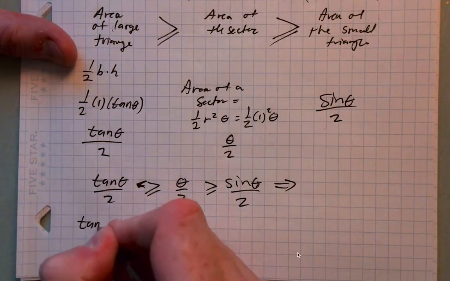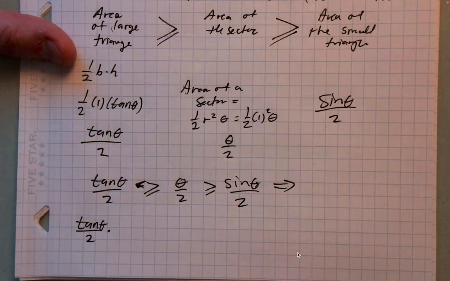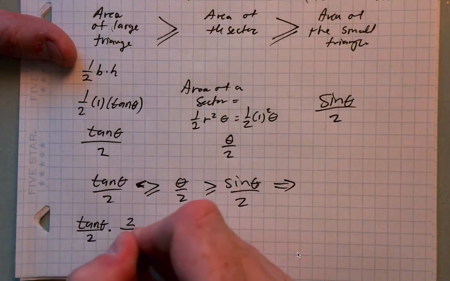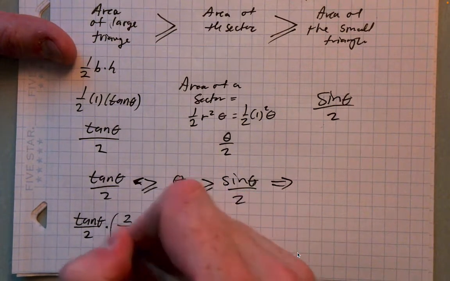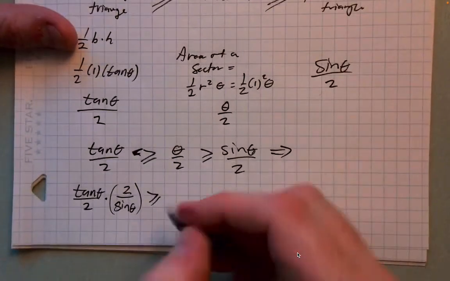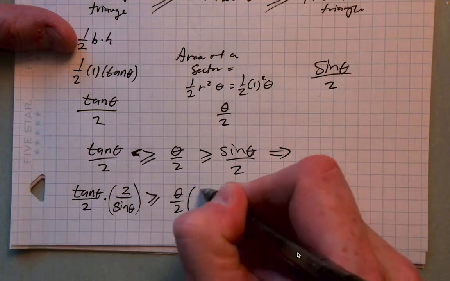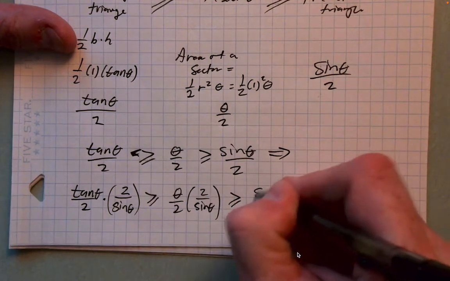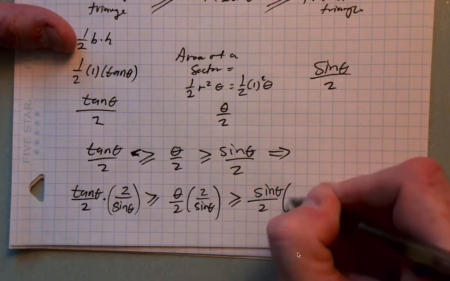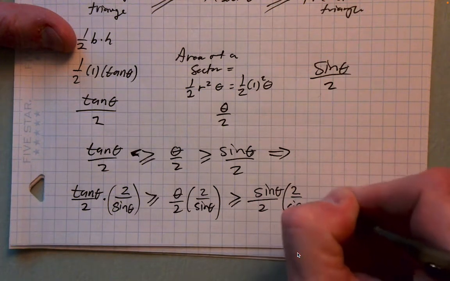Let's multiply everything by 2 over sine theta, and it'll become clear why we're doing that in a second. So you've got theta over 2 times 2 over sine theta, and sine theta over 2 times 2 over sine theta.